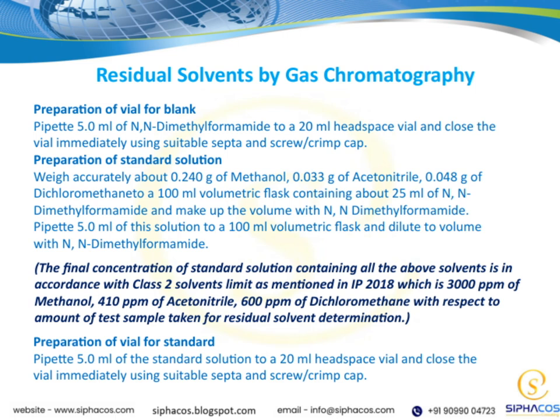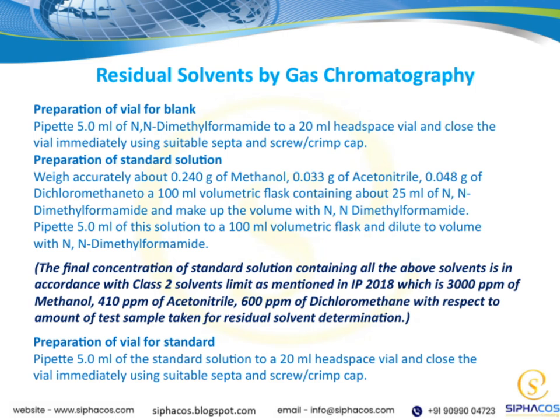Finally, for the standard solution, we accurately weigh about 0.24 grams of methanol, 0.033 grams of acetonitrile, and 0.048 grams of dichloromethane. These are placed into a 100 ml volumetric flask containing roughly 25 ml of N-dimethylformamide. We then make up the volume to the mark with the same solvent.